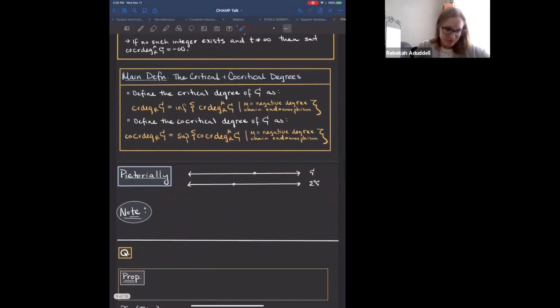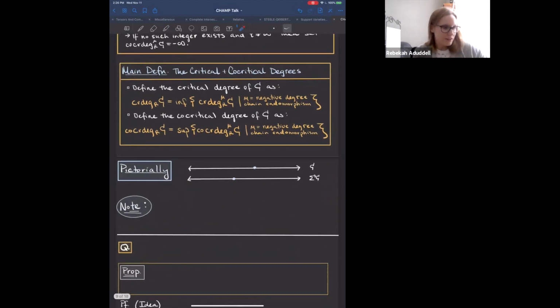And so then pictorially, I'll draw a little informal diagram here. If we have our complex C, and we have an endomorphism of degree Q, where we see surjection here and onwards, then the critical degree would be there, and then we'd see growth here.